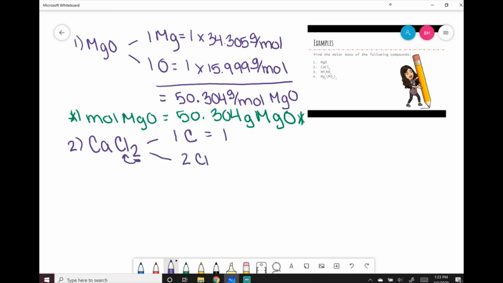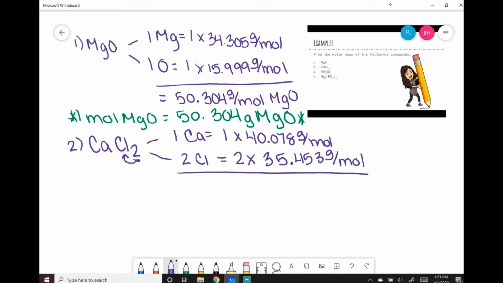So when I add these together, I'm going to take 1 times the molar mass of Ca, which is 40.078 grams per mole. And I'm going to say 2 times the molar mass of chlorine, which is 35.453 grams per mole. So notice I have to multiply that by 2 because I have 2 of them.